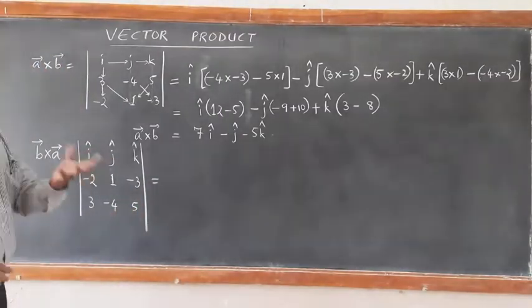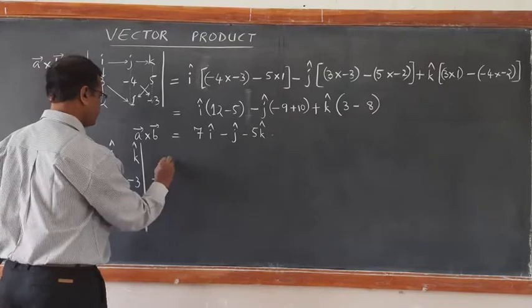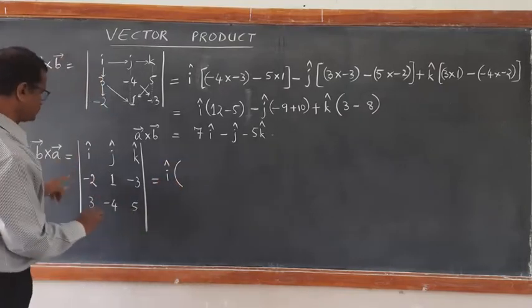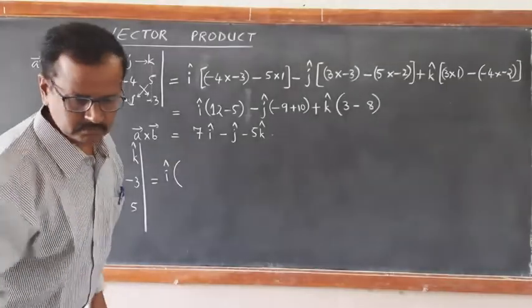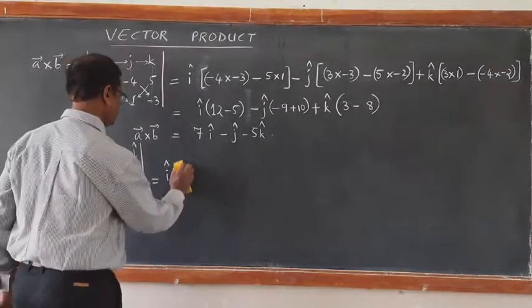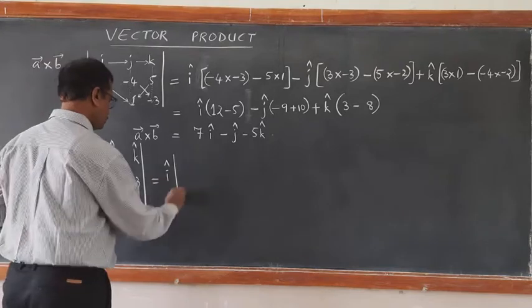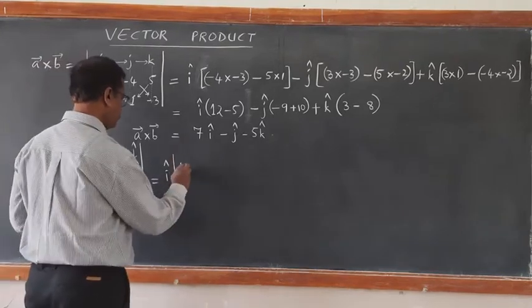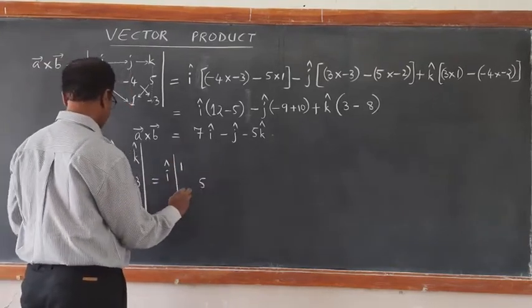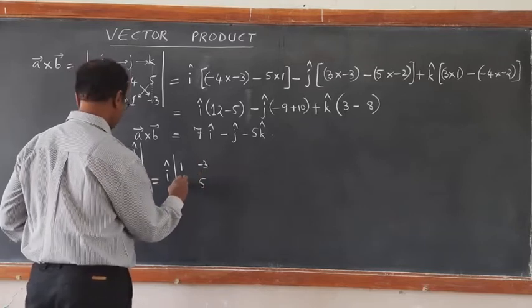If you want, you can write one more step in the form of determinants. I into the bracket, you see. I into 1, 5, minus 3, minus 4.